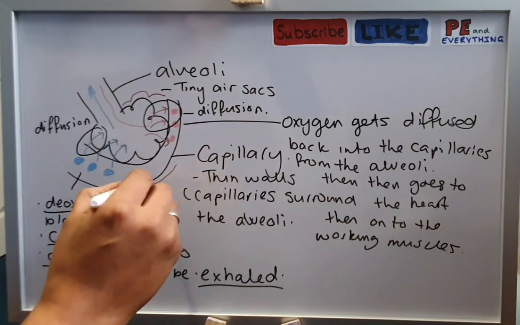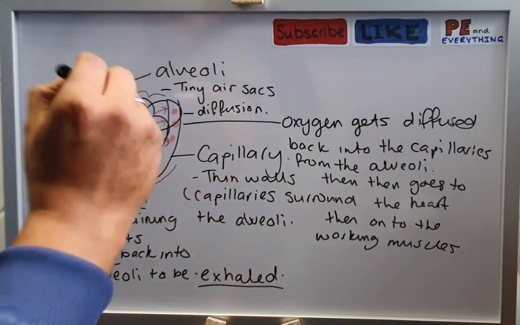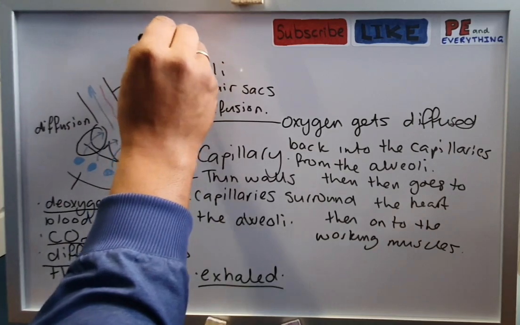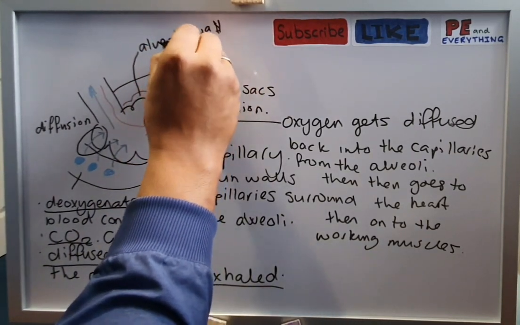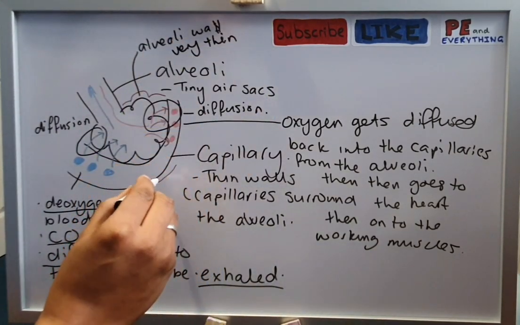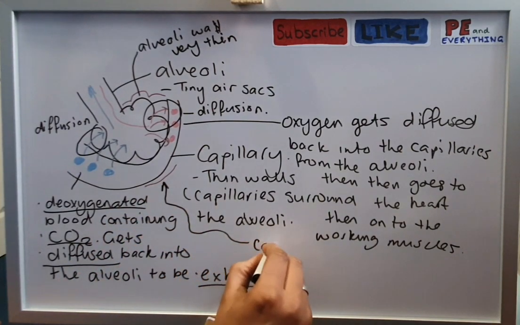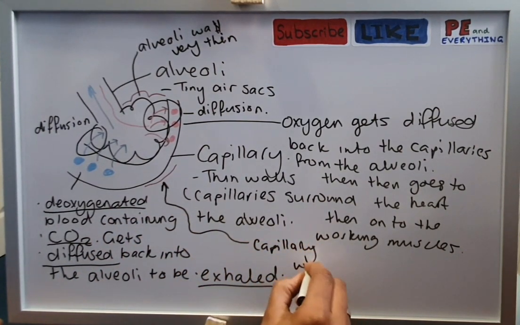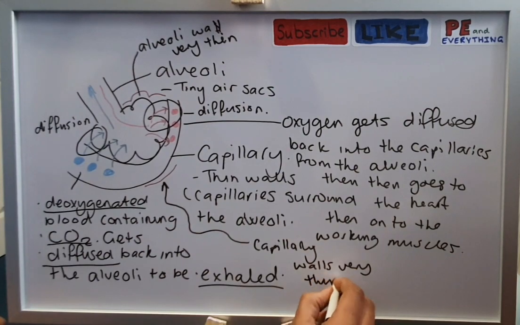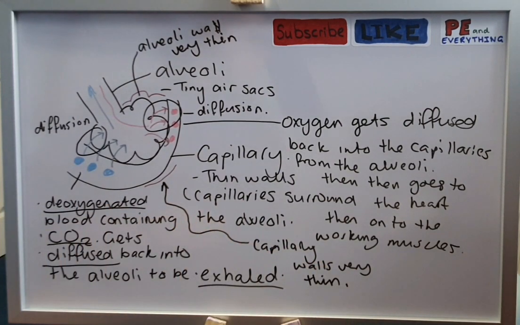Let's look here. This brown pen will represent the cell walls of the alveoli. Remember, very, very thin. Walls of the capillary, equally very, very thin.